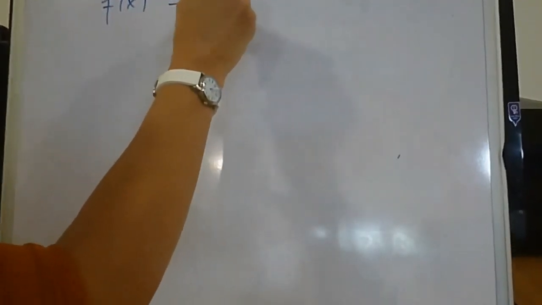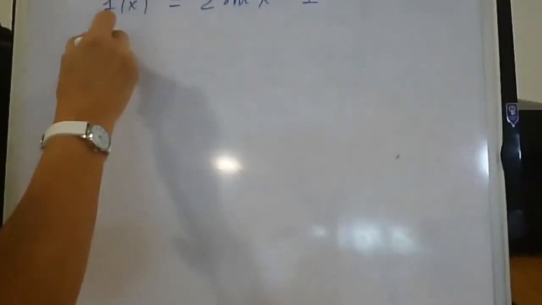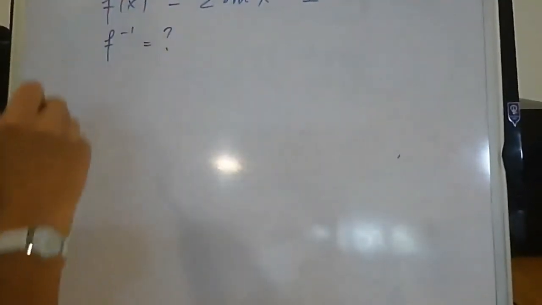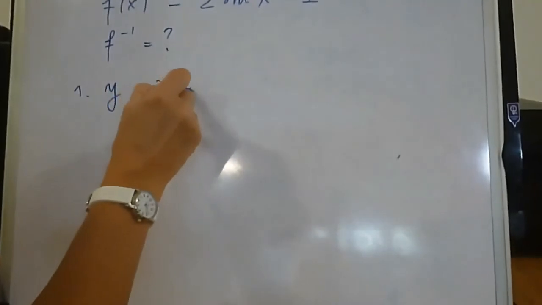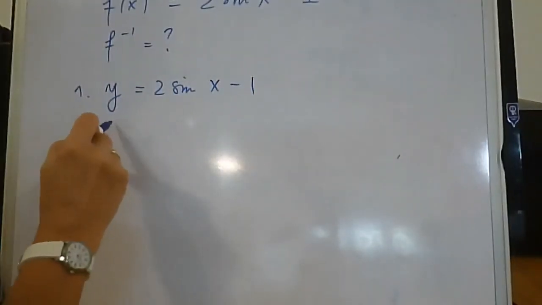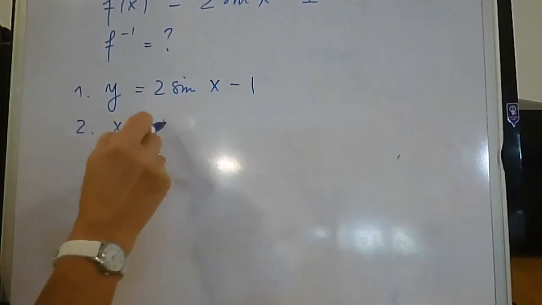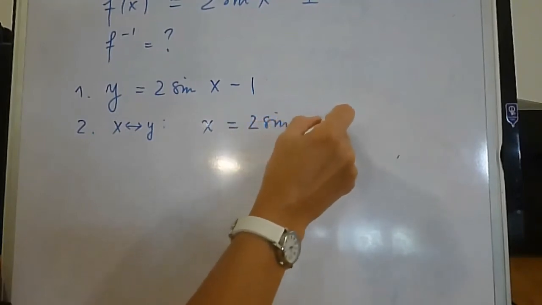I'm going to write down 2 sine of x minus 1. So somebody is asking me to find the inverse of this function. Well, I'm going to use the very same steps. Y equals 2 sine of x minus 1. Then number 2, exchange x and y. It's going to give me x equals 2 sine of y minus 1.